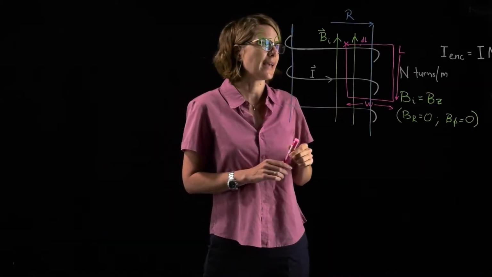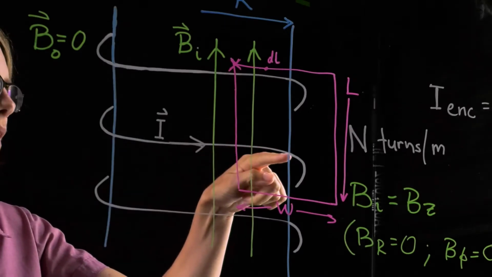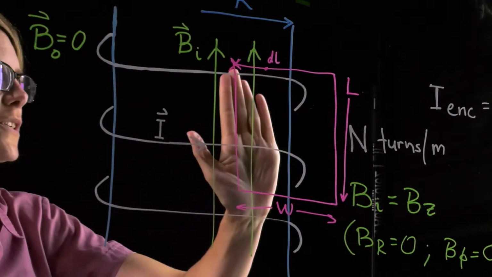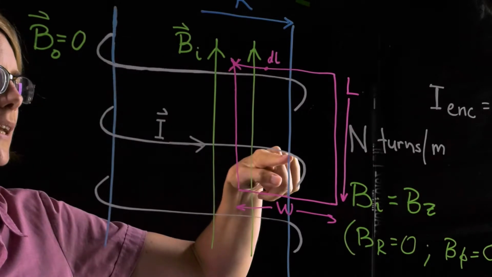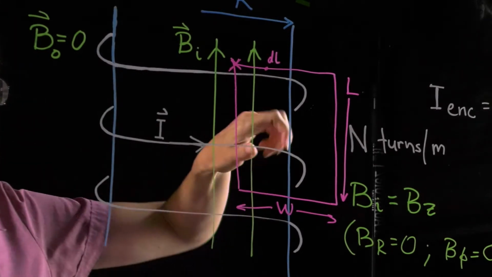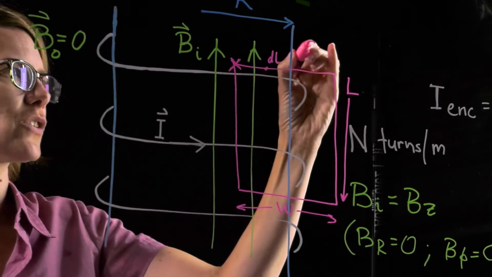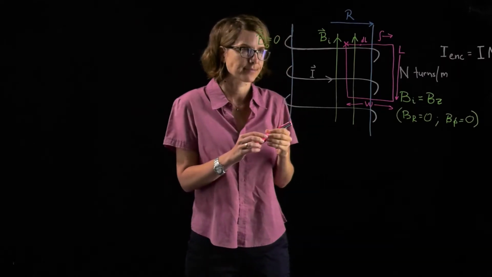So in this case, our current is actually traveling into the board. The surface here, of course, is parallel to the board, and our current is traveling into it. So that means that the right-hand rule gives us our integration direction as clockwise.